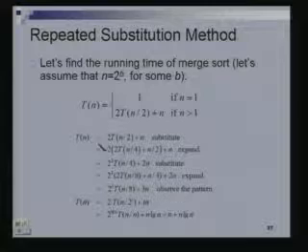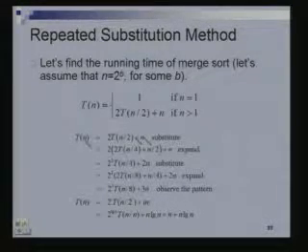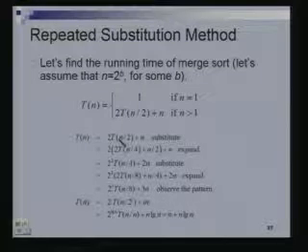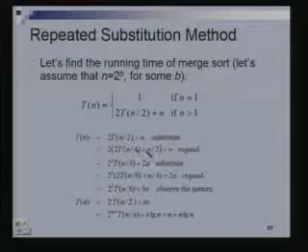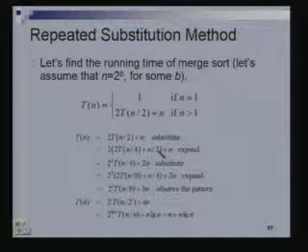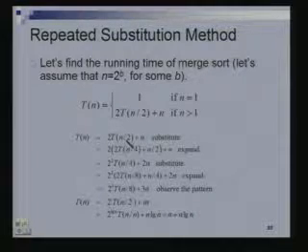So, I get t of n equals 2 times t of n by 2 plus n. So, I have substituted once. And now I am replacing this t of n by 2. So, this is the substitution step. I am replacing this t of n by 2 with 2 times t of n by 4 plus n by 2. Why n by 2? Because this is t of n by 2.